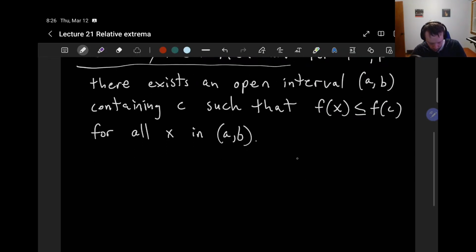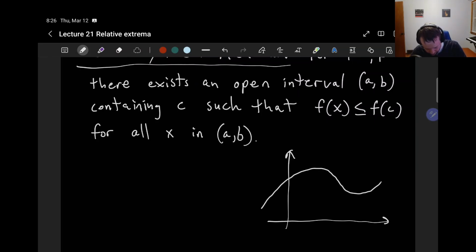So just a little picture. Let's draw a curve like this, representing my function f, and let's focus on this point right here. So it's at the x value c. Now this y value here that we're at, f of c, of course here I'm graphing y equals f of x.